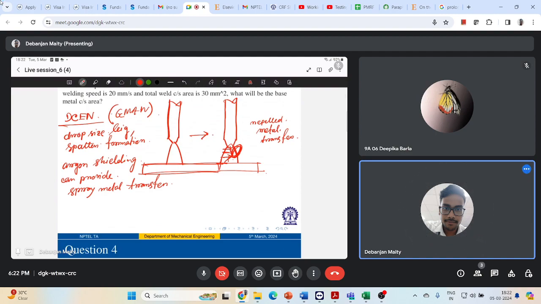Now, what will happen if my electrode is positive? So that will be the opposite one, right?